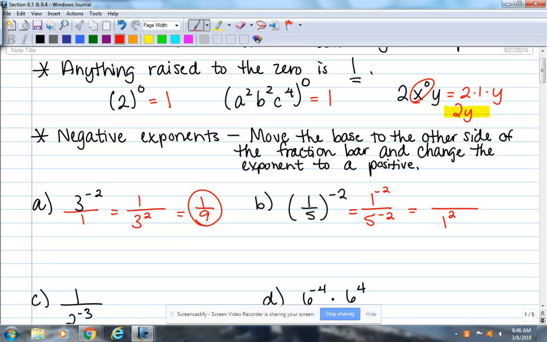And what are we putting on top? 5 squared, right? And we can simplify those numbers. What's 5 squared? 25. Over what's 1 squared? And what's 25 over 1? 25. We good?